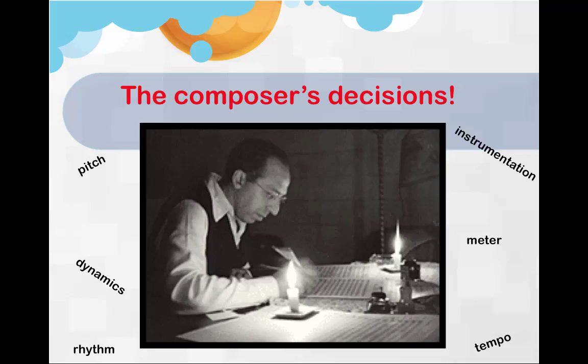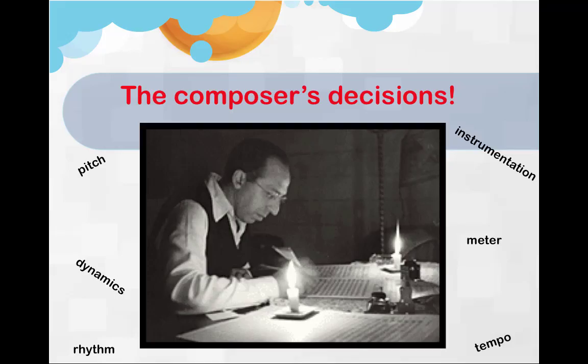Okay, so moving on to more vocabulary. We talked last time about rhythm, and now we're going to move on and talk about actual notes, pitch. So not talking about how music moves in time, but talking about the actual notes. Now, when a composer sits down to write a piece of music and has a blank piece of paper in front of her, she has to make a lot of decisions.